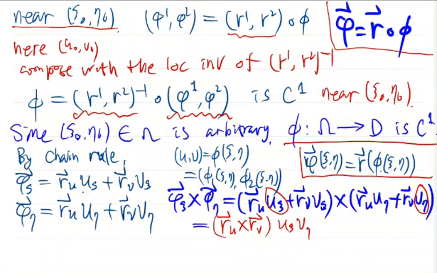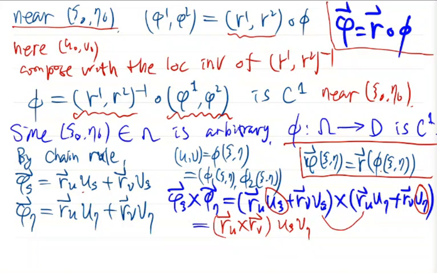Okay, and next we compute these two terms. These two terms are Rv cross Ru. Rv cross Ru is minus Ru cross Rv, and this has a coefficient u_η v_ξ. Okay, so we have this term.